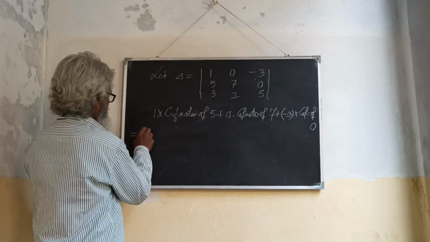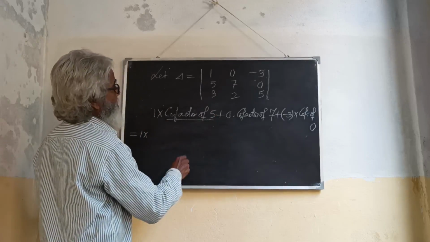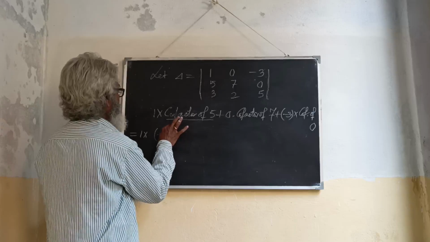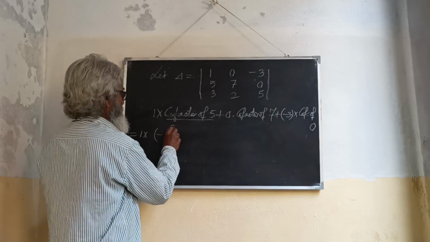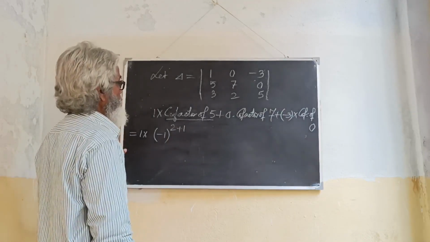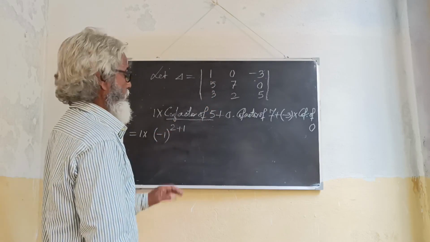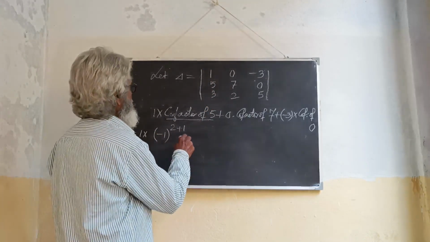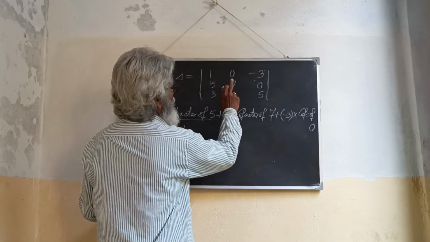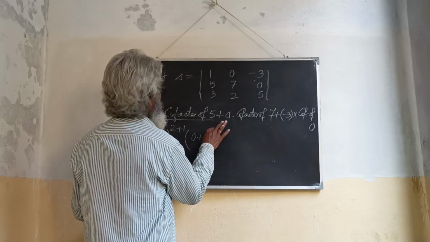This equals 1 into cofactor of 5. Cofactor of 5 is minus 1 whole to the power number of row it belongs to plus number of column it belongs to. It belongs to second row and first column, so minus 1 whole to the power 2 plus 1, into the minor, which is 0 plus 6, so it is minus 6.